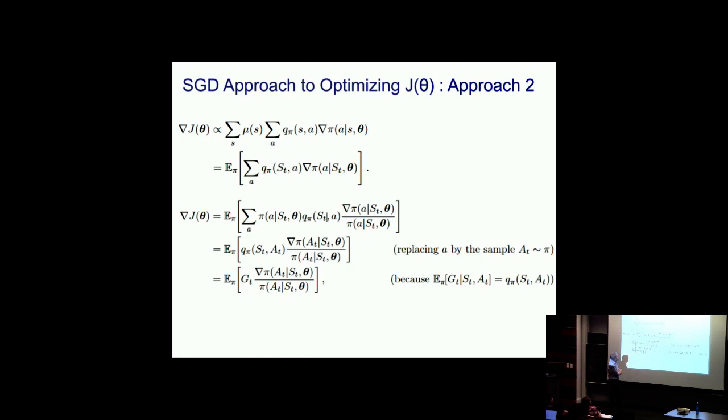And so if I do that, then you can see that this quantity I can sample by taking the actual state and the actual action that I choose with pi, and the state that I'm actually in.